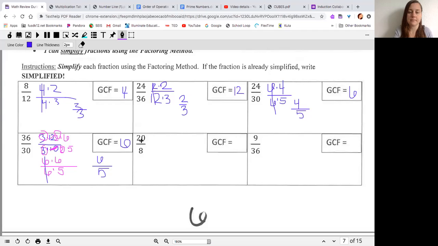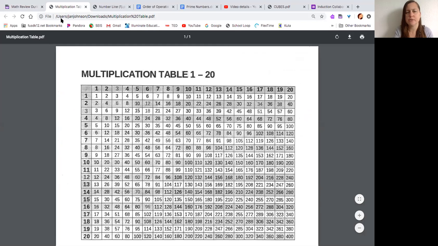Okay. I'm looking at this, 20 and 8. I want to know, does 8 go into 20 at all? No, it does not. Okay. So I need a number that has 20 and 8. So 4 times 5 is 20.